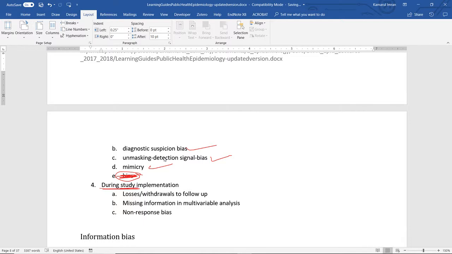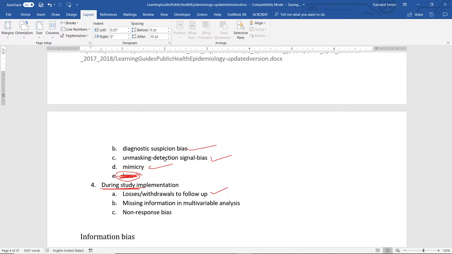During study implementation, losses or withdrawals to follow-up. Some people just stop from the study, and they stop because of something, non-random withdrawals.